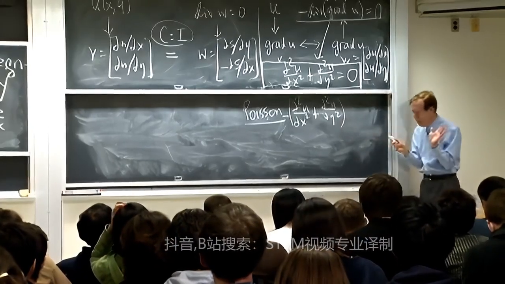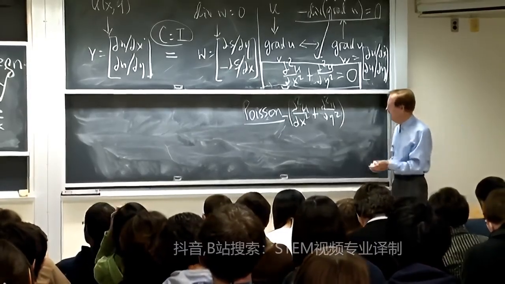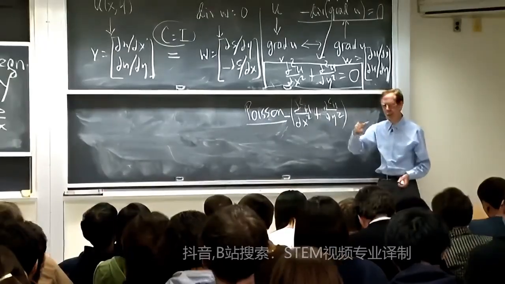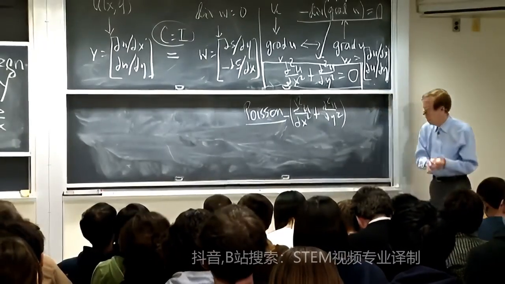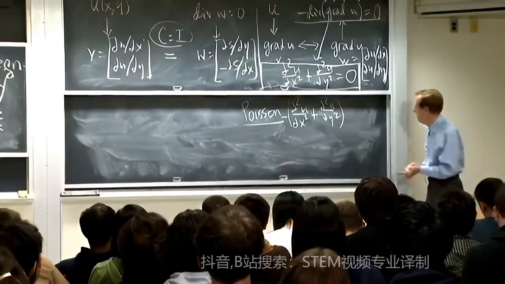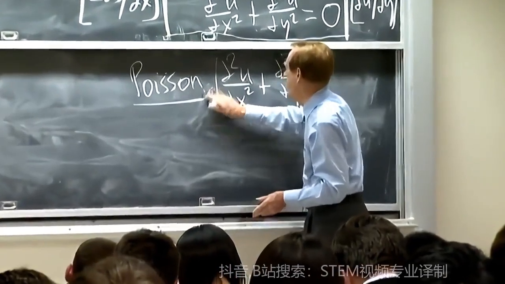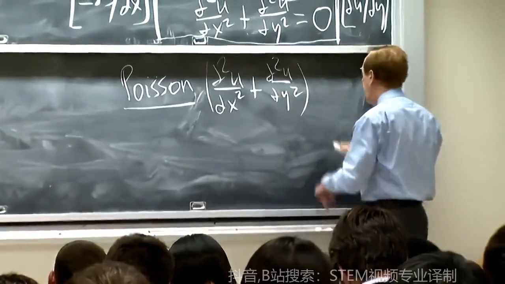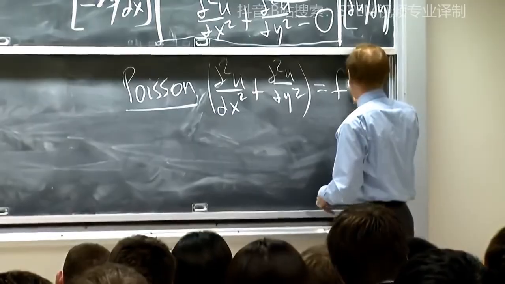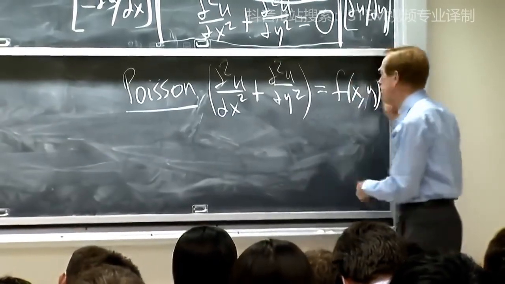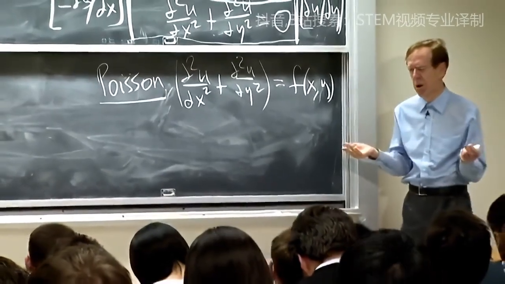I mean, right, that sounds crazy that the minus makes it positive. But these second derivatives are negative definite, as always, and the minus makes them positive definite. So I often include the minus over here, equal f of x and y. So there's a source. Poisson has a source term.